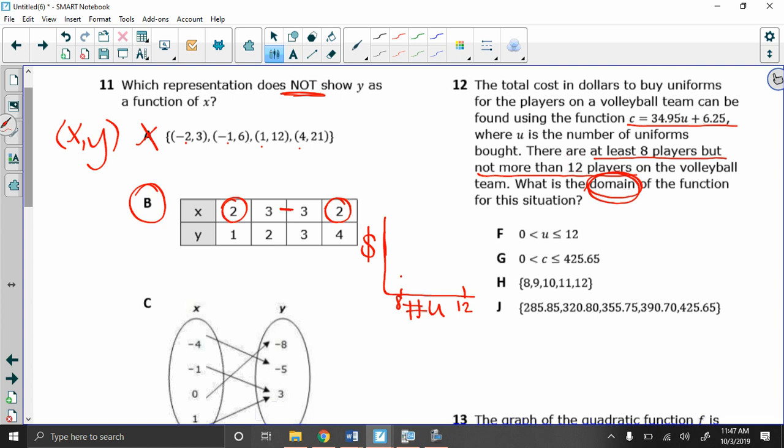So that way I'm going to have separate points slowly going up. That means my domain would be all of the numbers in between 8 and 12 just listed out, because for this type of function it would be a discrete function because I can't include half of a person or part of a uniform. So that's why we only need whole numbers in our answer.